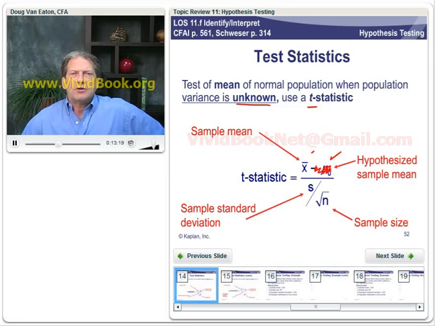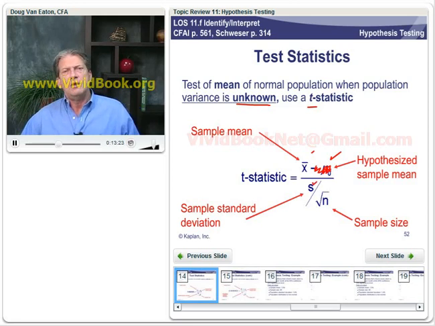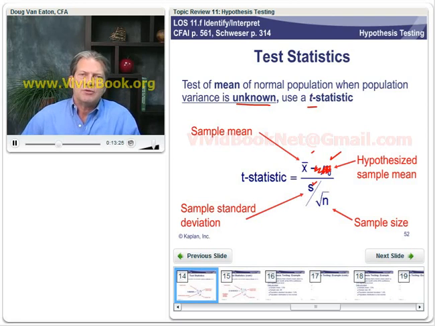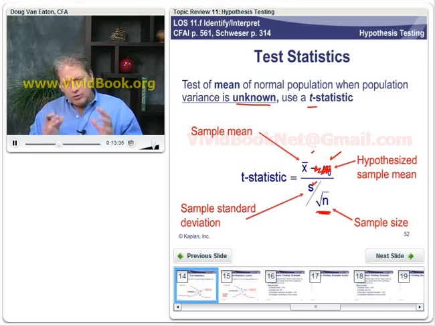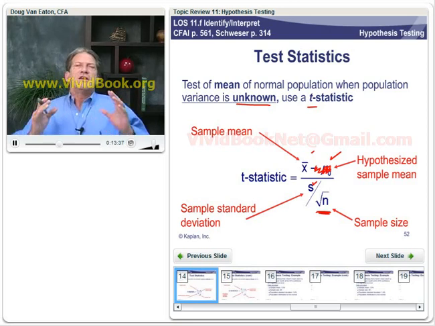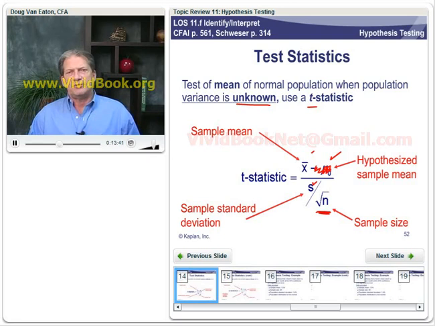So here's our sample standard deviation, because we said our variance was unknown. So we have to estimate our sample standard deviation. But if we're testing the mean, remember, our sample mean is closer to the true mean the greater our sample size.